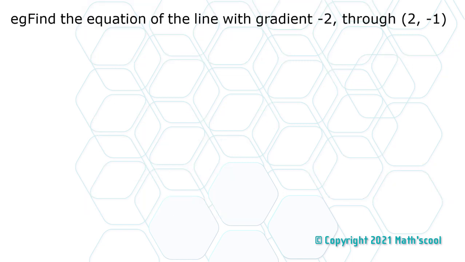Okay, same thing. This is my x1, this is my y1, this is my gradient. So I just do y minus y1, which is minus 1, equals m, which is minus 2, times x minus my x1, which is 2.